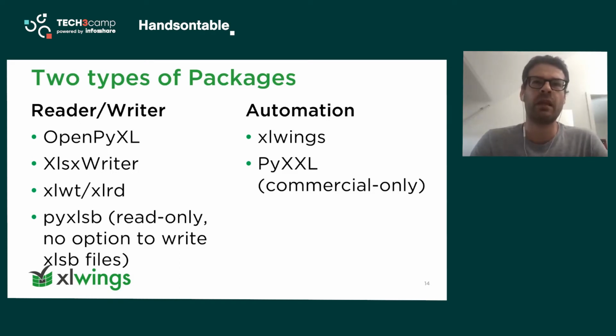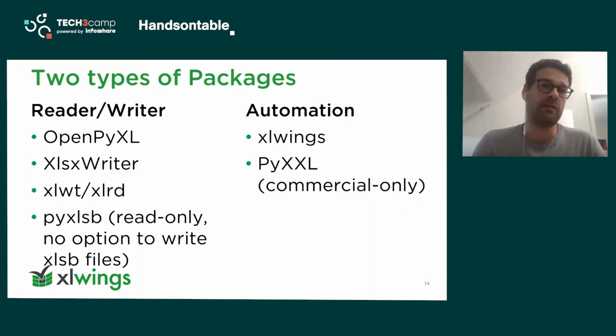Now, on the other hand, we have the automation libraries, and there we have xlwings, which is my creation, and then you have another package called Pyxll. Pyxll is commercial only, and as I said initially, xlwings is mostly open source. What they do, as opposed to what we see on the left-hand side, is they interact with a running instance of an Excel application, and therefore can pretty much do anything that Excel can do.